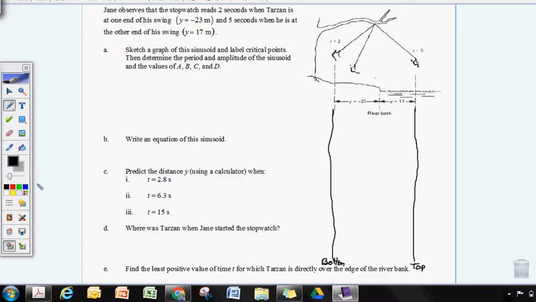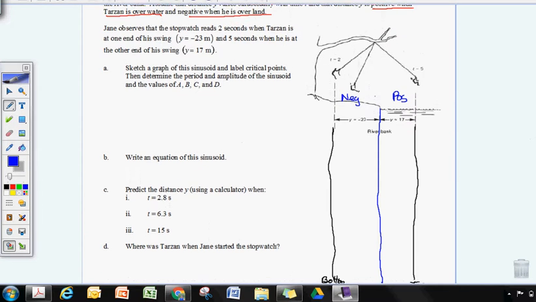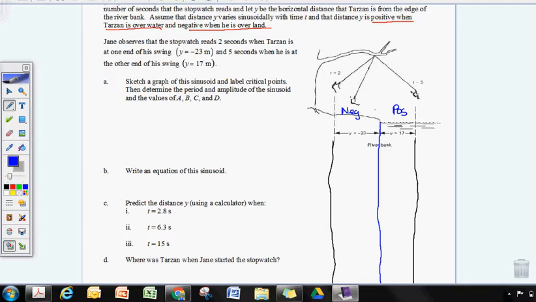And just because to me this makes sense, here is the riverbank. So when he's to the left of this blue line, he's in negative land when he's over land, and here he's positive when he's over water. And that was what we had read up above. Okay, so that gives you an idea of what's going to happen.